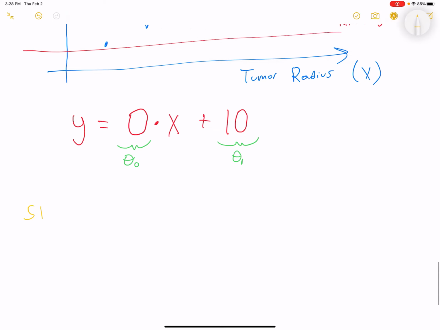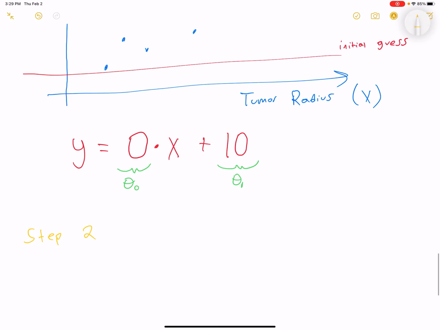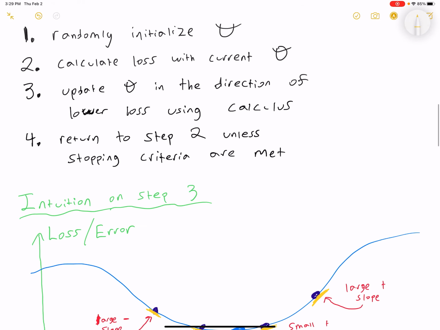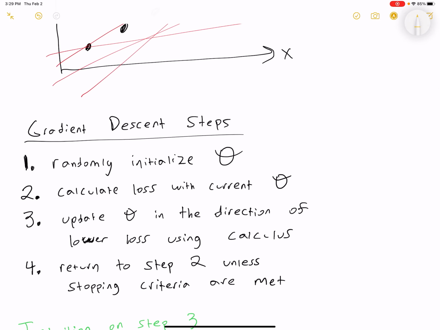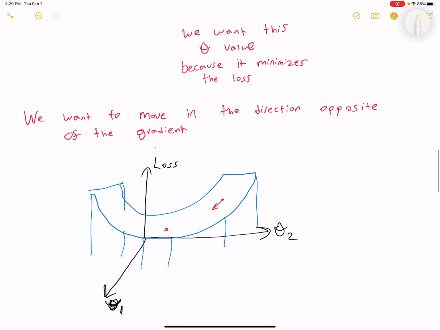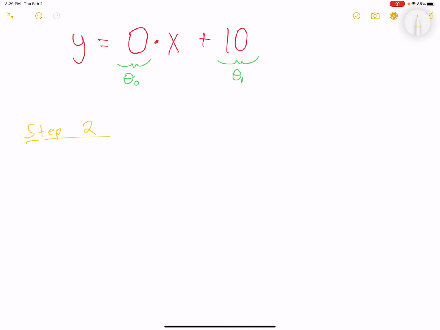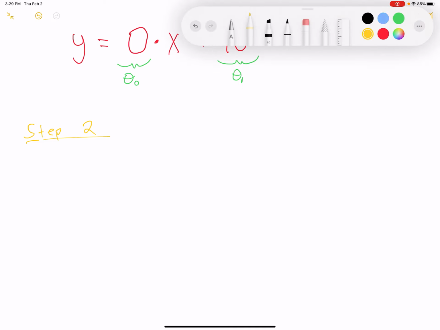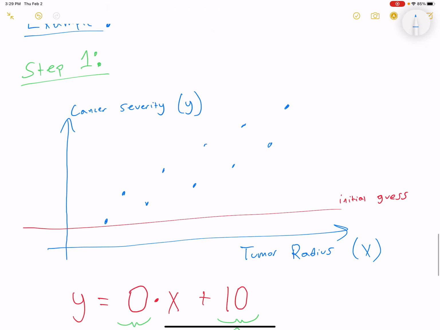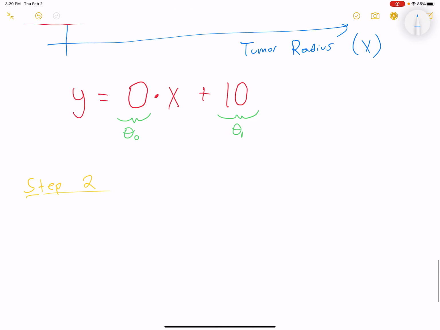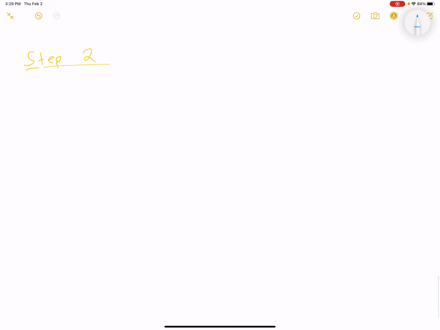Step 2 is, let's scroll back up to remind ourselves, calculate the loss with the current values of our parameters. So step 2, calculate the loss. We drew 10 data points here, so I'm going to write out each of these 10 data points.